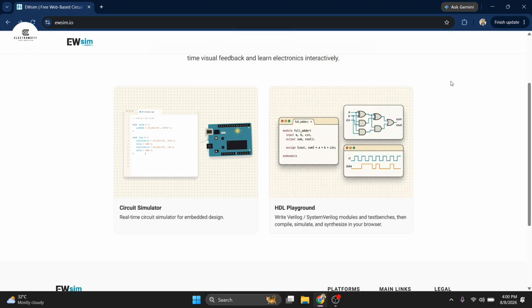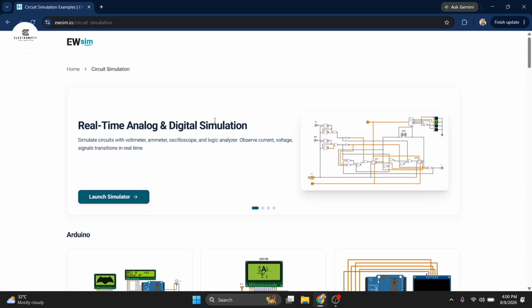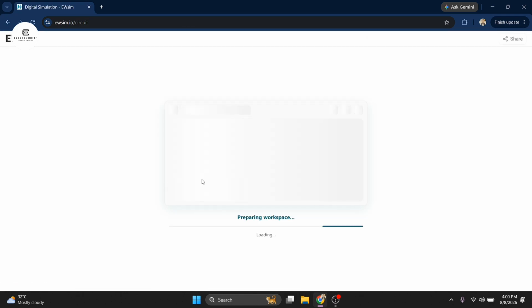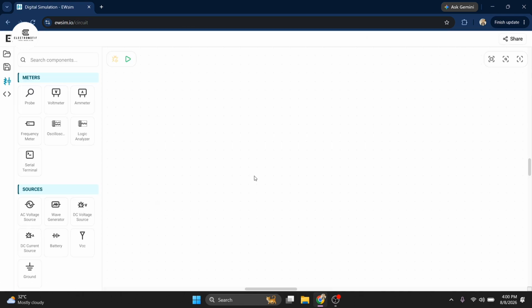So I just open the circuit simulation, and this is the launch simulator. Once the simulator is open, you will see the main workspace here, and we can place our electronic components and connect them together.